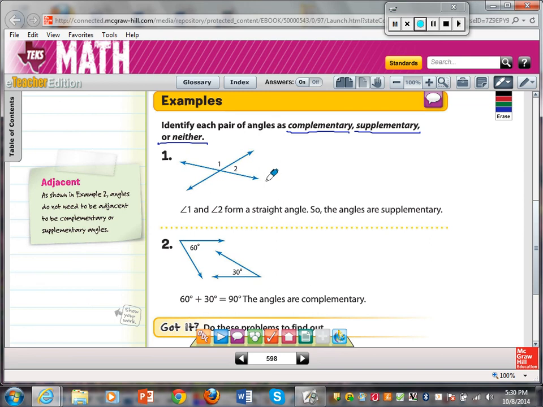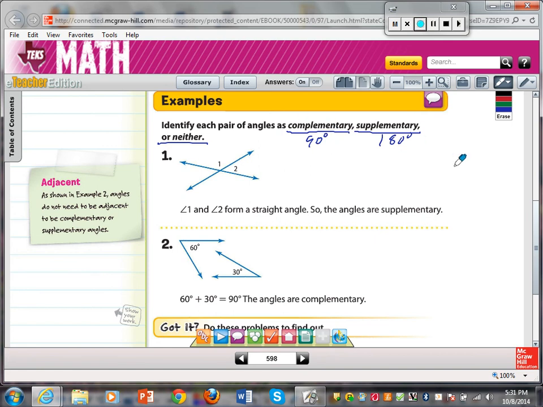As long as you have two angles that add up to 90 degrees, you got yourself complementary angles. And any two angles that add up to 180 degrees will be supplementary. Remember this? So this is another way so you can start getting used to which is which.